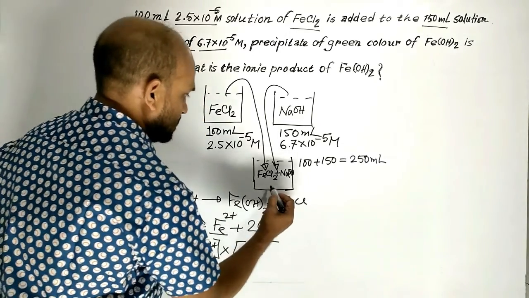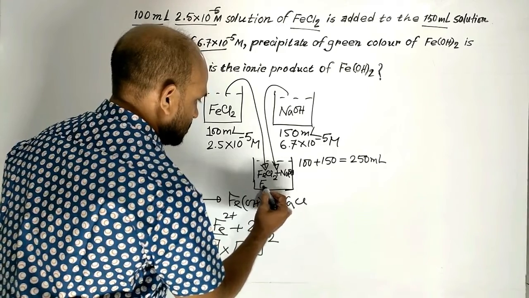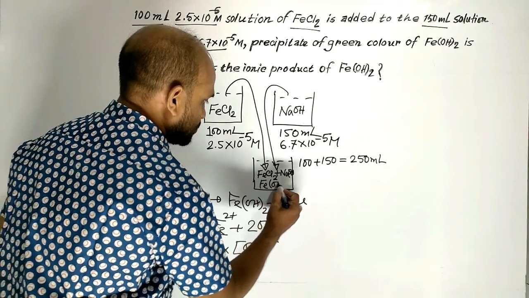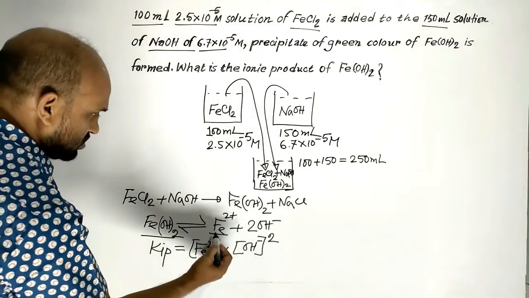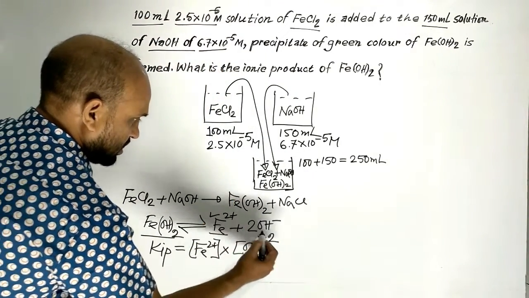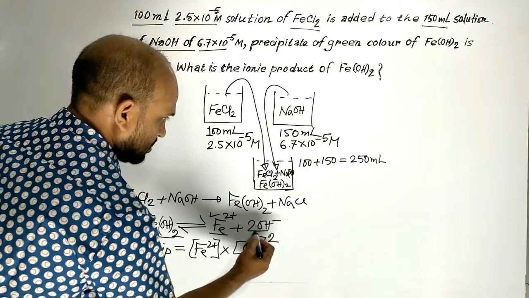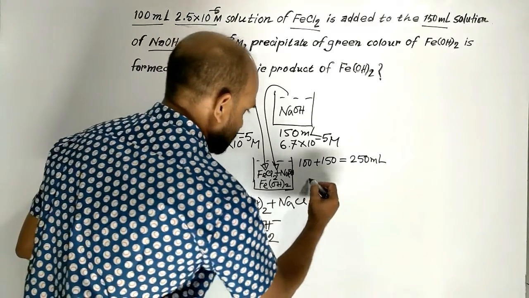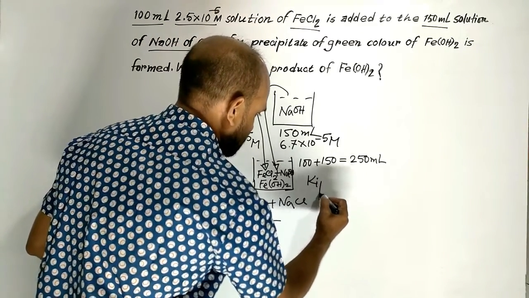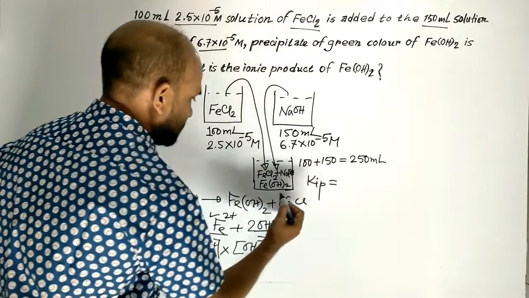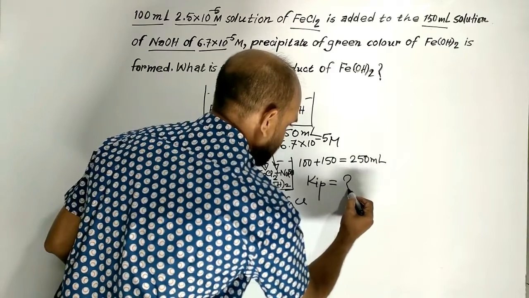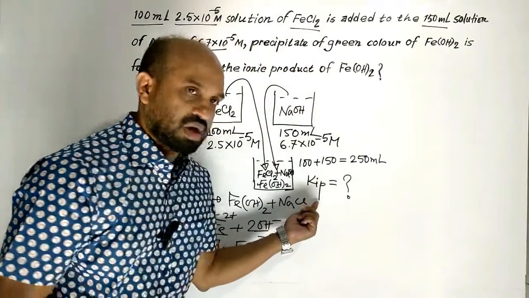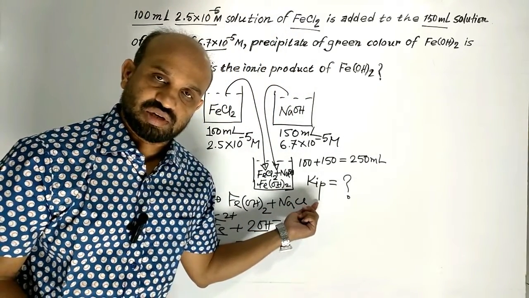So, in this solution, ferrous hydroxide is formed that ionizes to ferrous ion and hydroxide ion. If we know concentration of ferrous ion and hydroxide ion, then we can calculate ionic product of ferrous hydroxide.